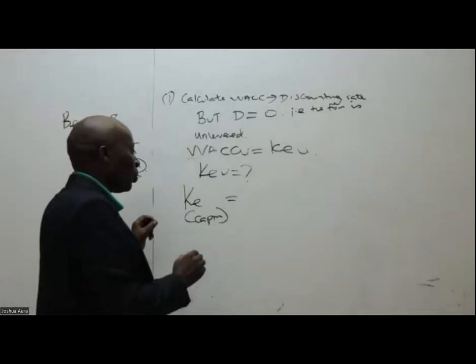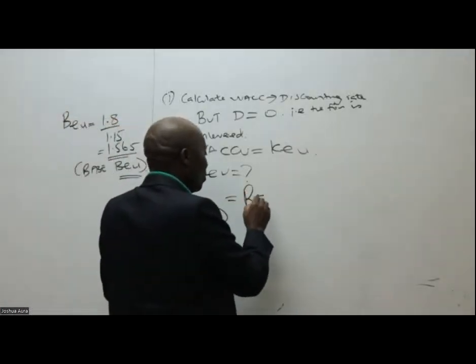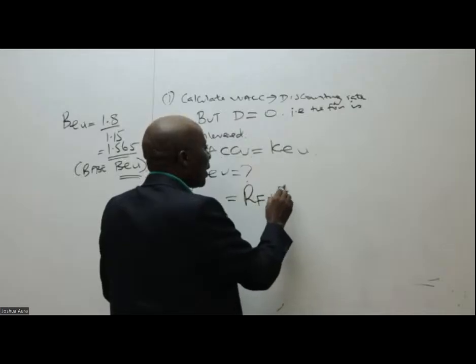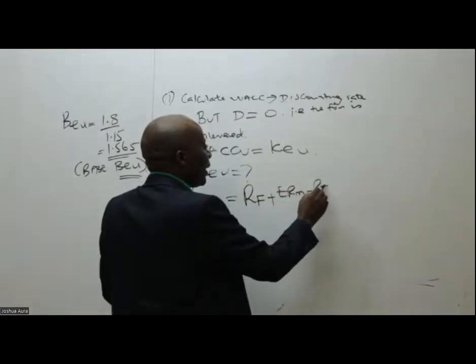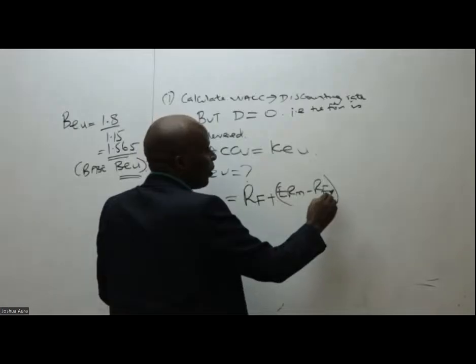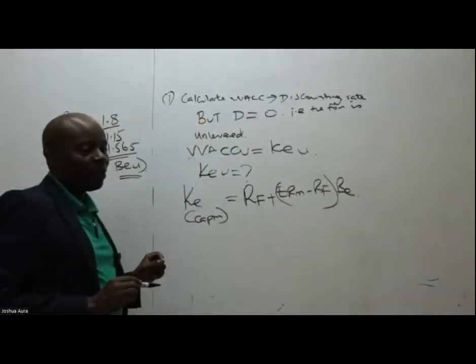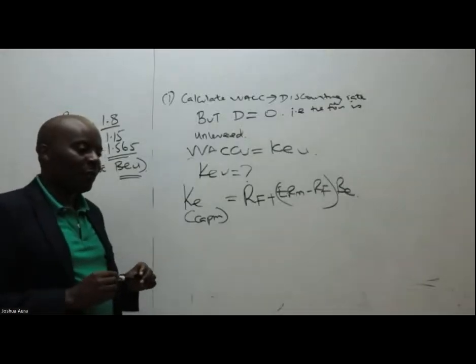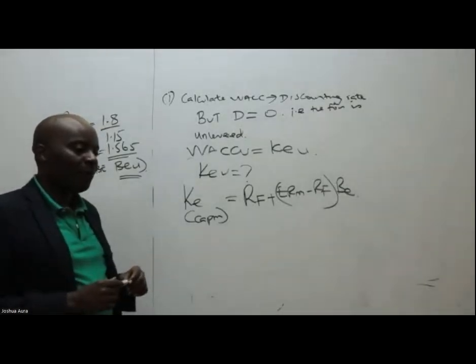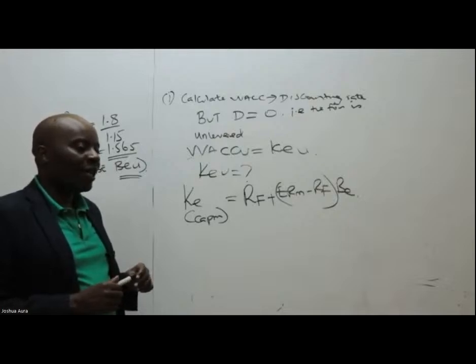And this CAPM goes like this: risk-free rate plus expected return of the market minus risk-free rate, multiplied by beta equity. Multiplied by beta equity.